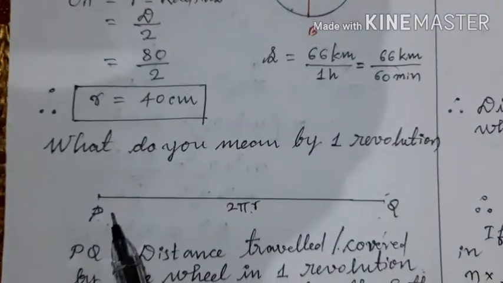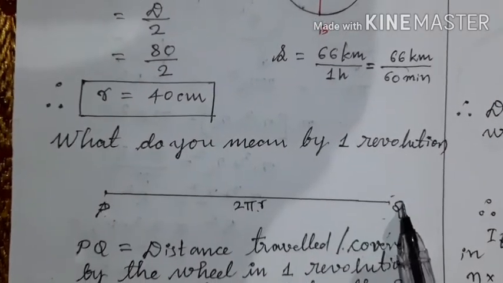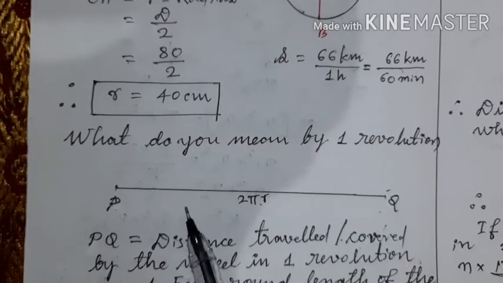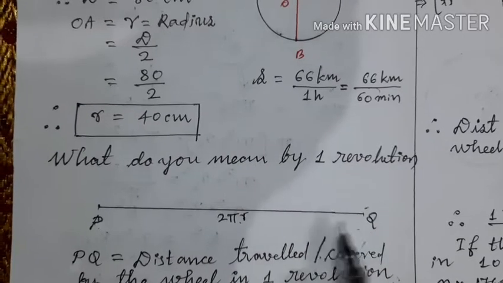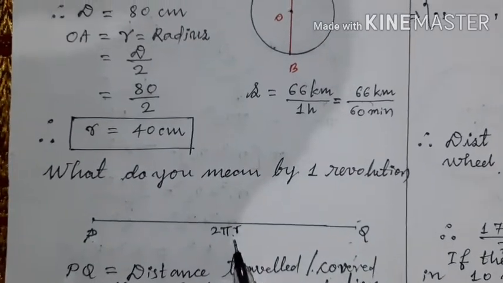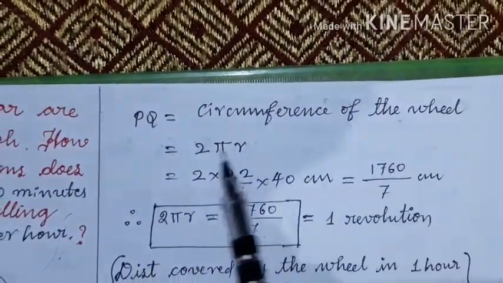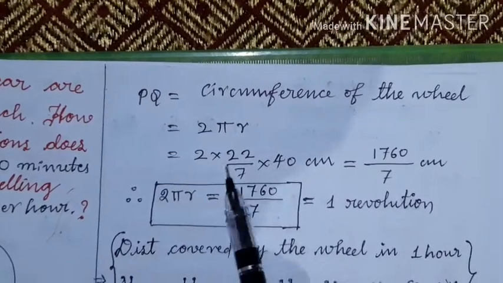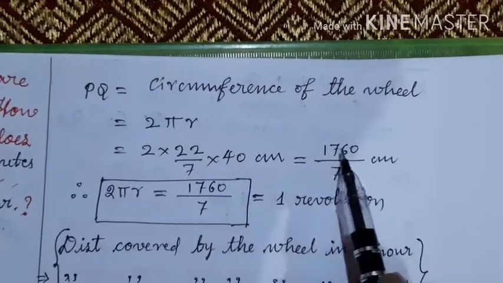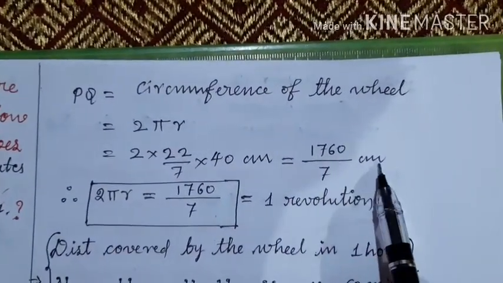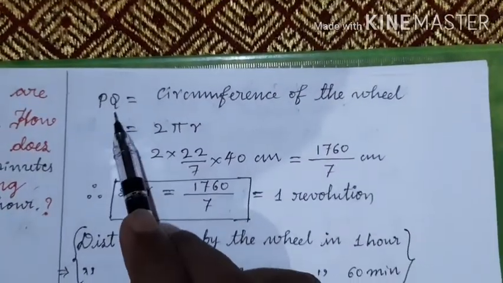Therefore children, here PQ is the distance covered by the wheel in one complete revolution, but this PQ is equal to the circumference of the wheel, which is equal to 2 pi r. So I can write PQ is equal to circumference of the wheel is equal to 2 pi r is equal to 2 into 22 by 7 into 40 centimeter. On simplification, I have 1760 upon 7 centimeter, which is the distance traveled by the wheel in one revolution.